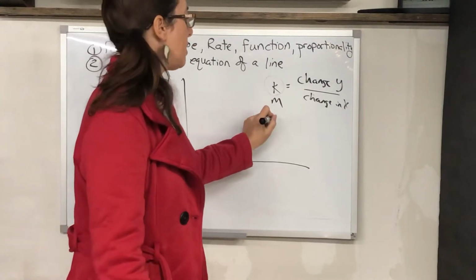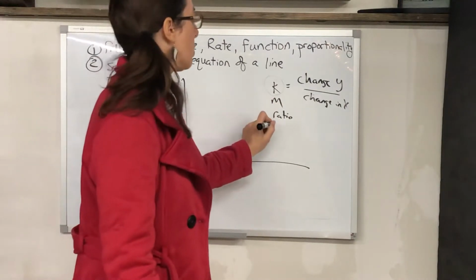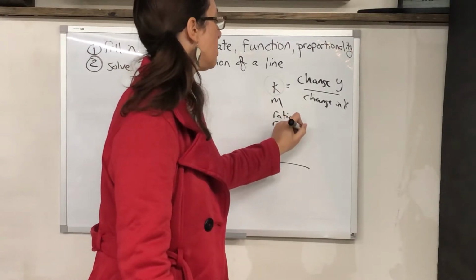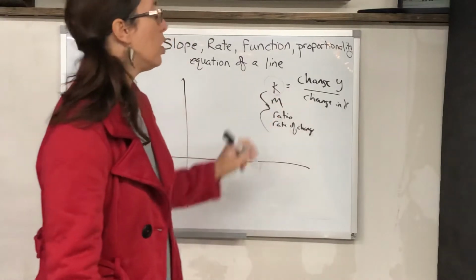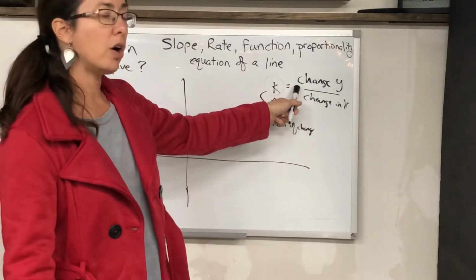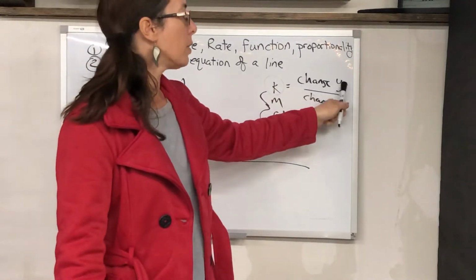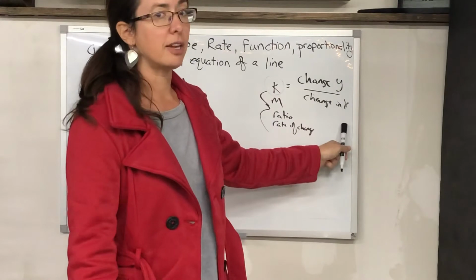Okay? A lot of times they will say ratio or rate of change. So all of these things mean the same thing. We have a change in y over the change in x, just like when we talked about the more pieces of pie I eat, the more my weight is going to go up.